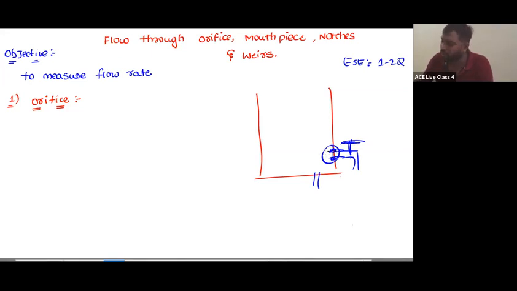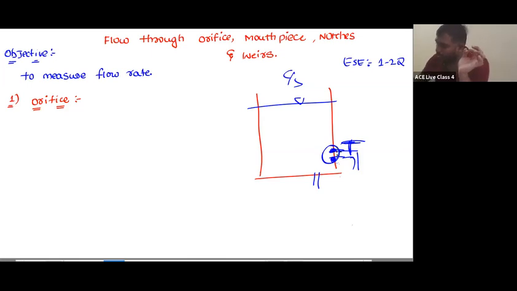This is a cross section I am showing you. If you provide a small opening at the sides or at the bottom, and to measure that flow, we call this opening an orifice.